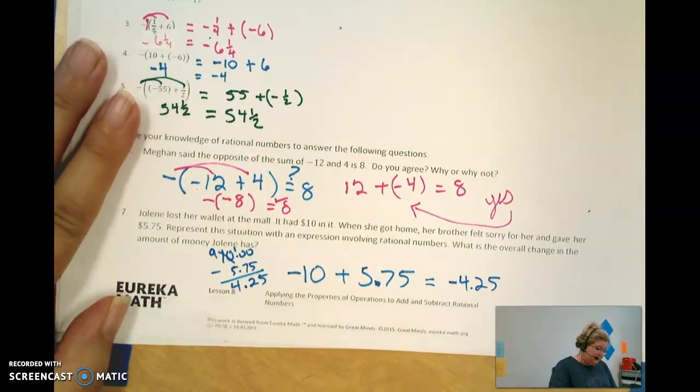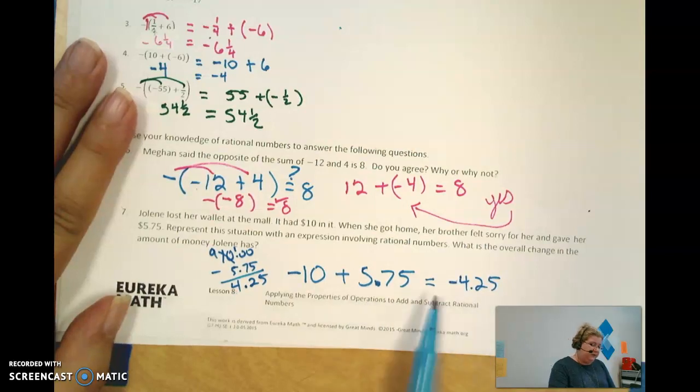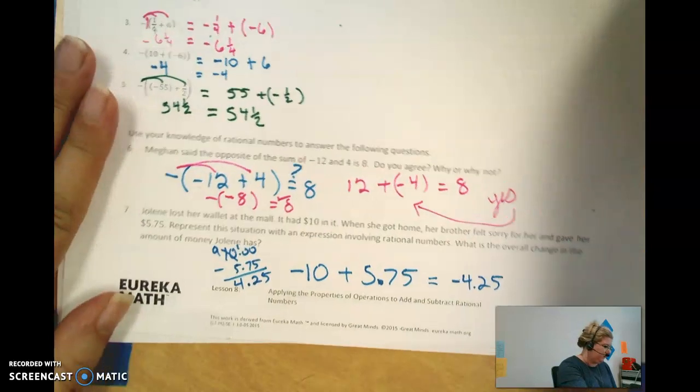So she started with $10. Her brother gave her $5.75. She's still $4.25 short of what she started with.